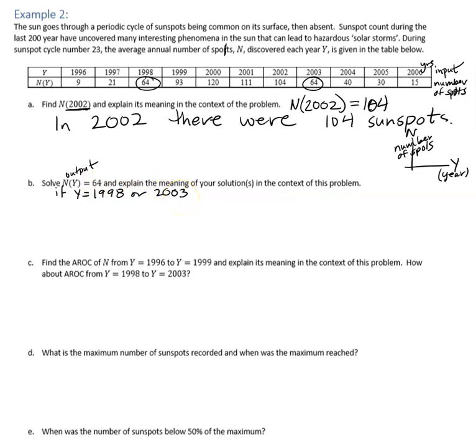So those are my answers. The explanation would be that there are 64 sunspots in either of those years. So 64 sunspots in 1998 or 2003.